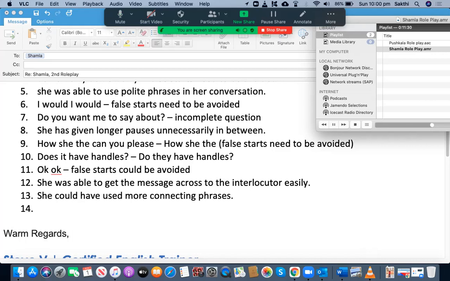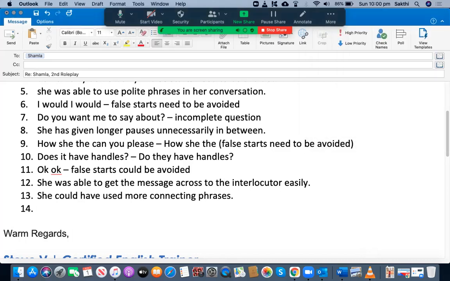So I would like to advise you on some modifications. Synonyms could have been used more frequently rather than repeating the same phrase again and again. For example, instead of using home modifications, she could have used changes to your home, changes to the toilet and things like that.